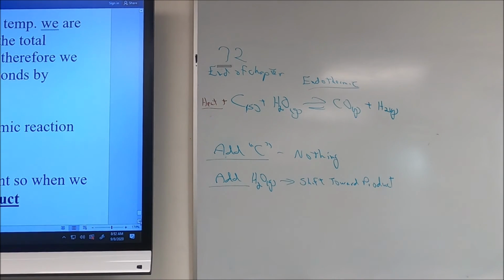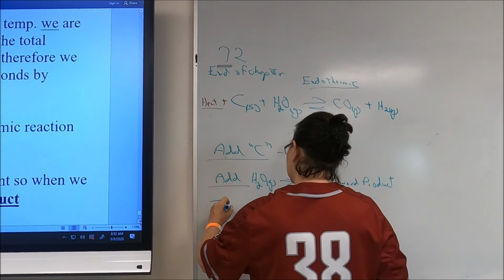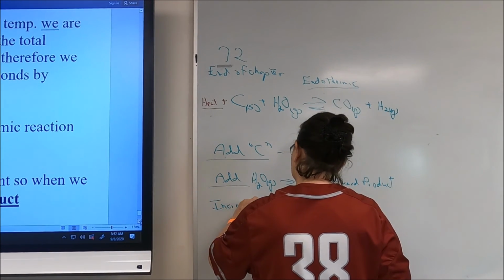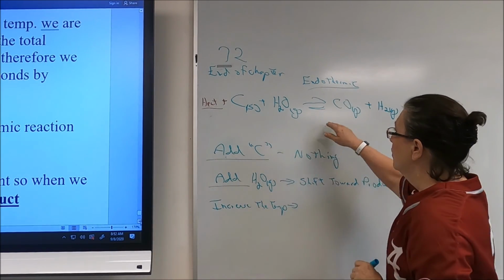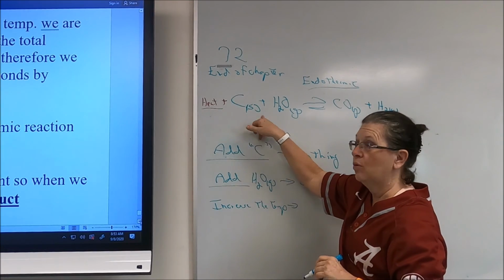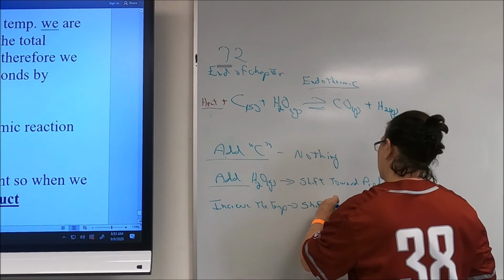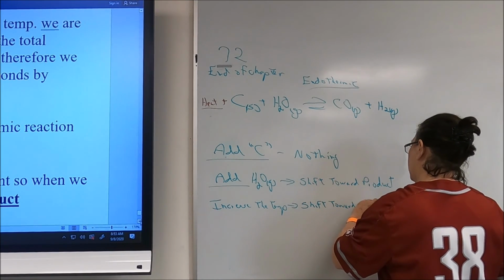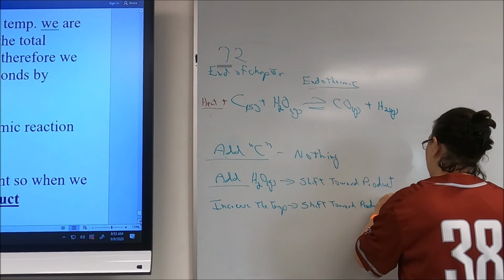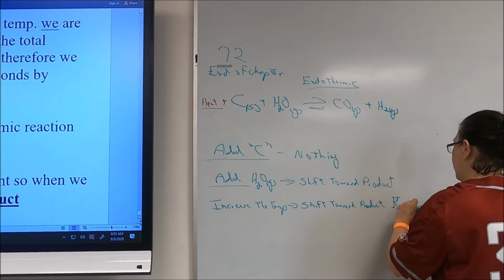Okay? Now, let's increase the temperature. Well, if I increase the temperature, I'm adding in heat, which is a reactant. We're going to cause a shift toward product. The value of K goes up.